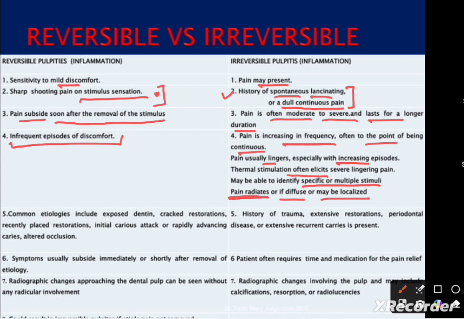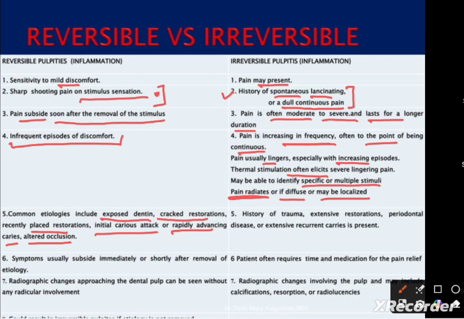Now let's see what happens in reversible pulpitis. The common etiologies involved are exposed dentine, cracked restoration, recently placed restoration, initial caries attack or rapidly advancing caries, or altered occlusion may be the reasons.